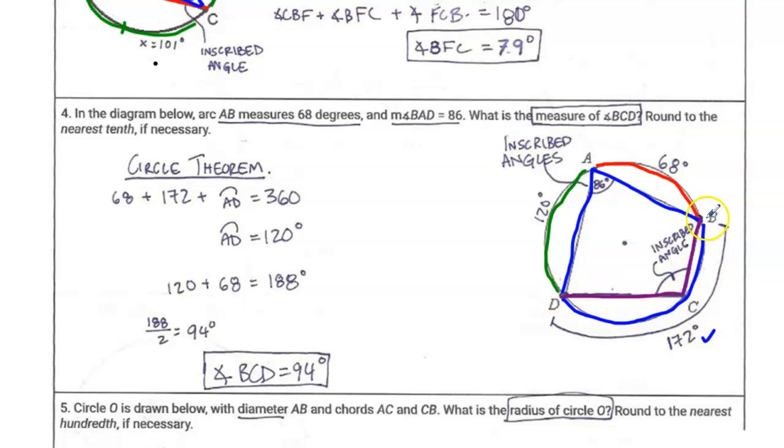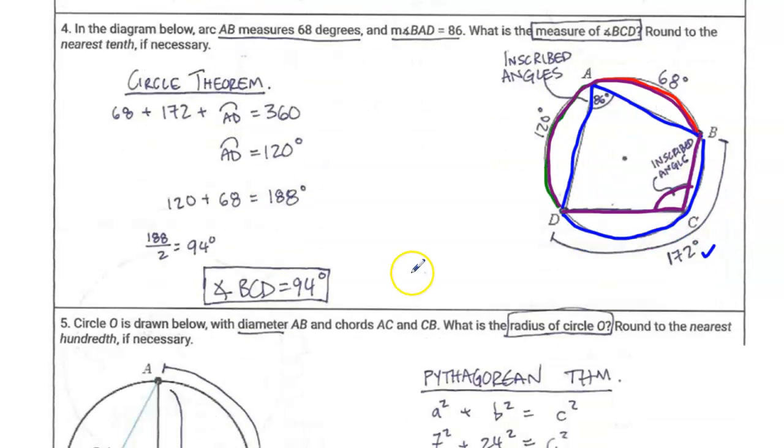All the arcs that I need for this angle are this arc, which I already know is 68, and this arc, which I already know is 120. So adding those two arcs together, I get 120 plus 68, which is 188. And I know that this inscribed angle is going to be half as large as that arc. So 188 cut in half is 94. Easy stuff.